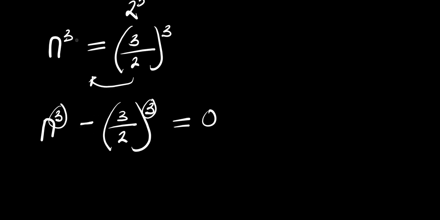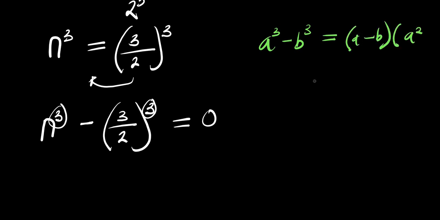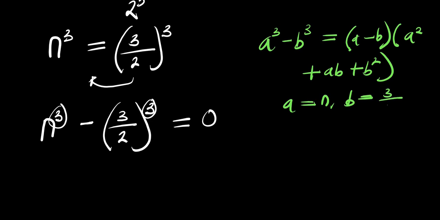So right now, we have power 3 here, we have power 3 here, we have minus here, we can expand, and if you have a power 3 minus b power 3, this is a minus b times a squared plus ab plus b squared. Now our a is n, and b is 3 over 2.